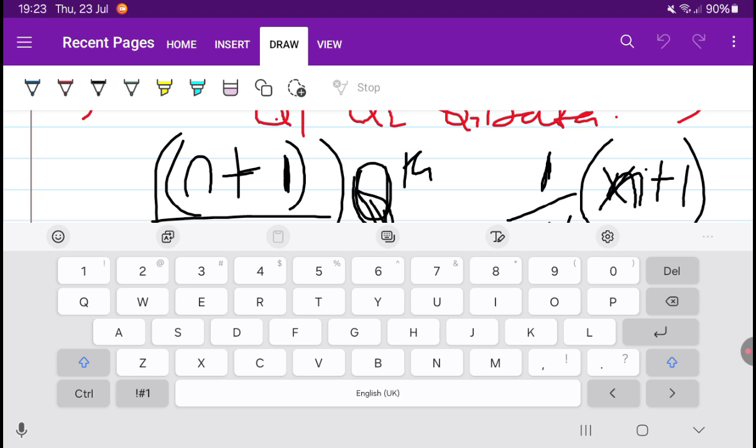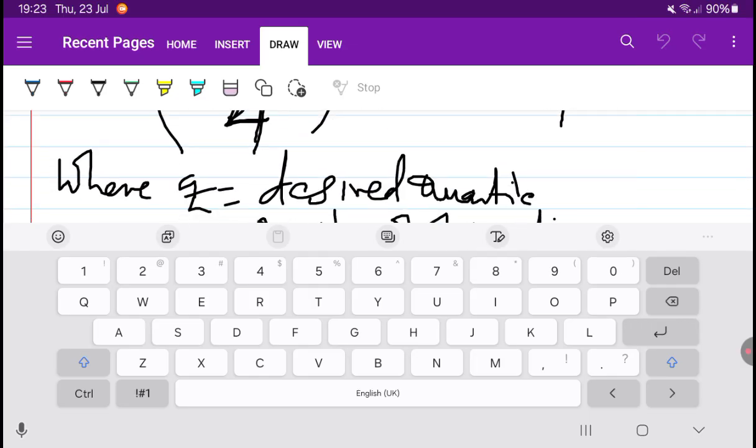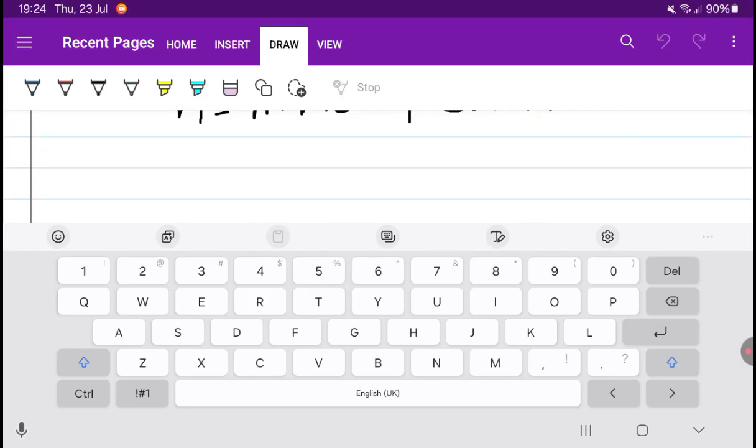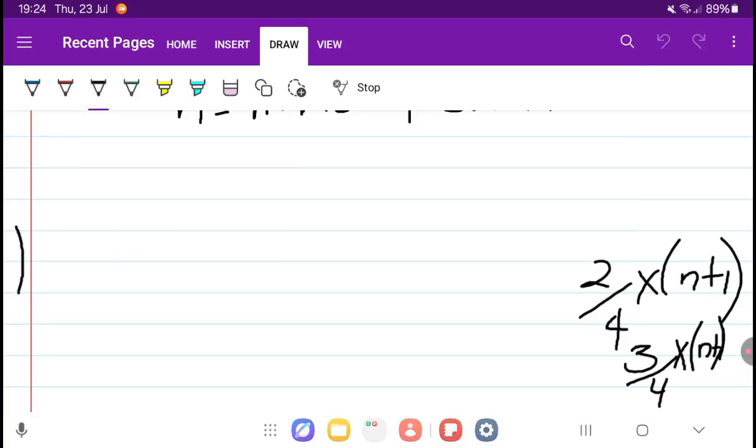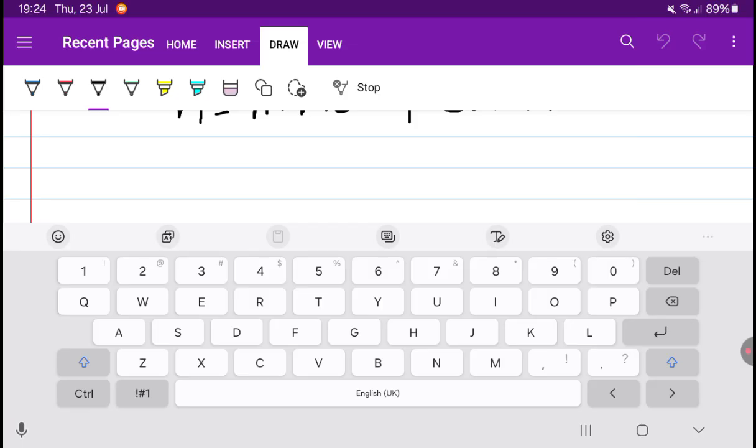We need Q1 and Q3 because those are the ones that we need in the formula for computing the quartile deviation.